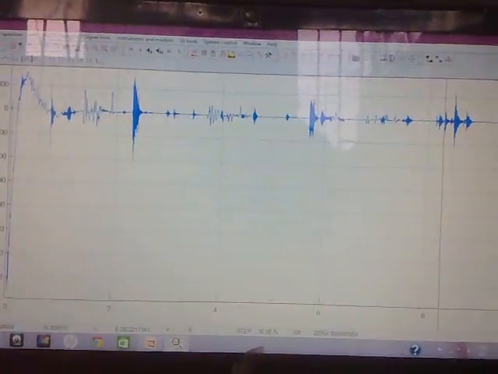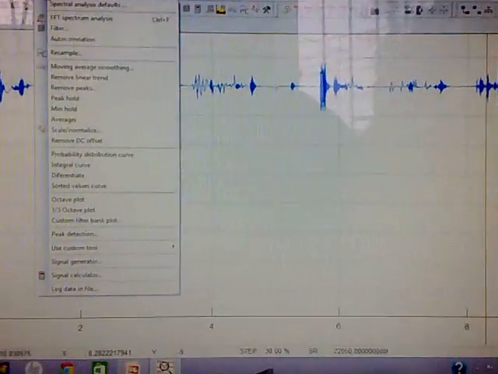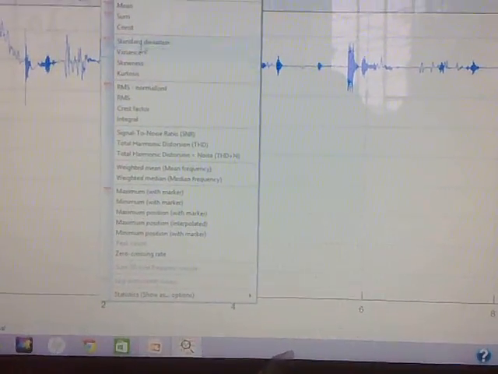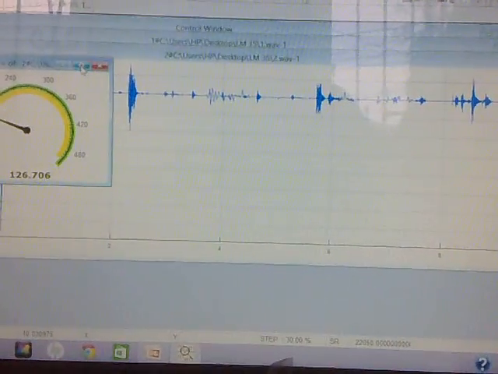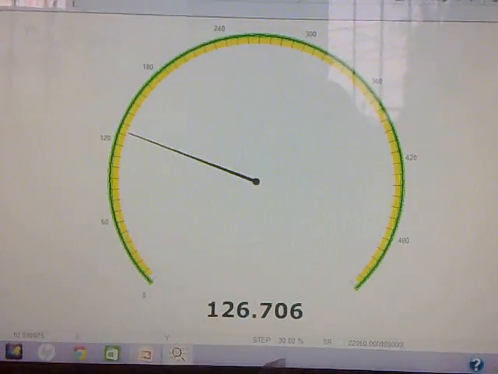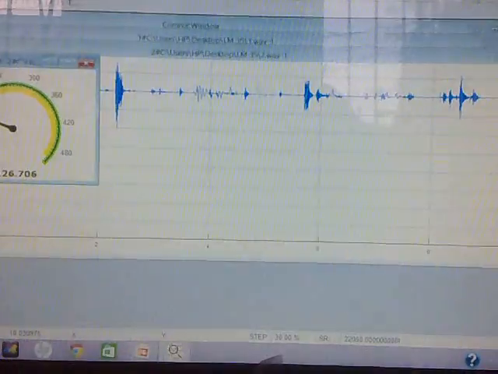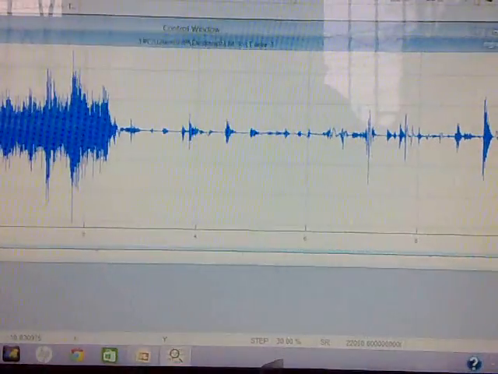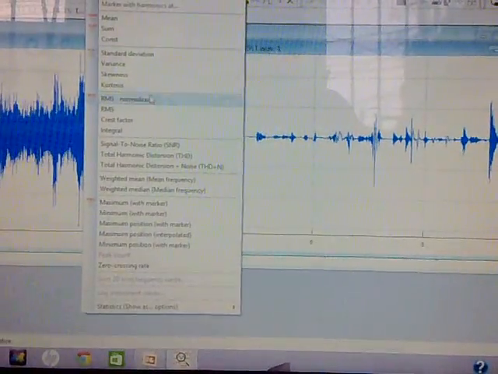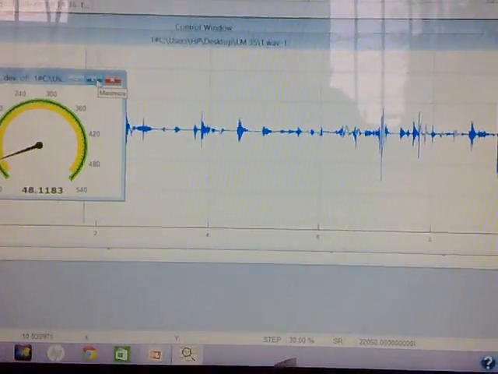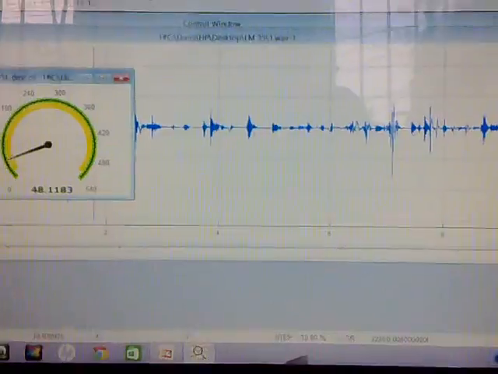And for the analysis, this is the standard deviation of the normal signal. This is the standard deviation in the worst case. We could see a large amount of difference in this.